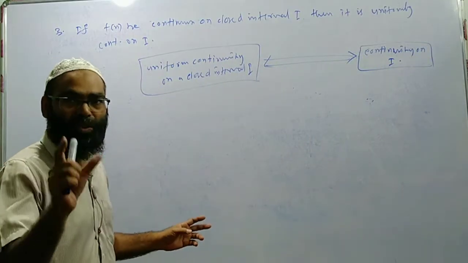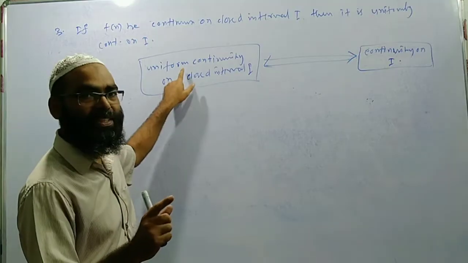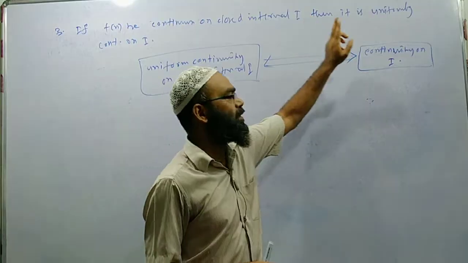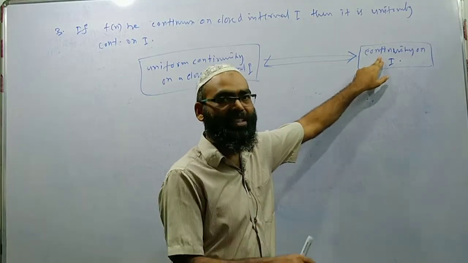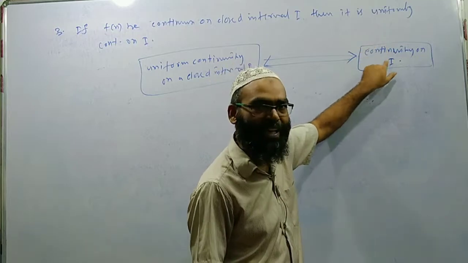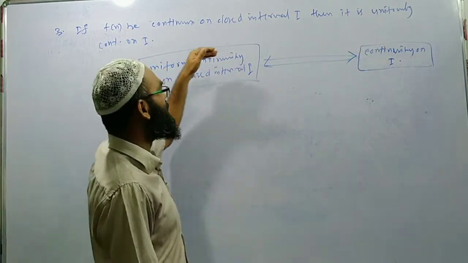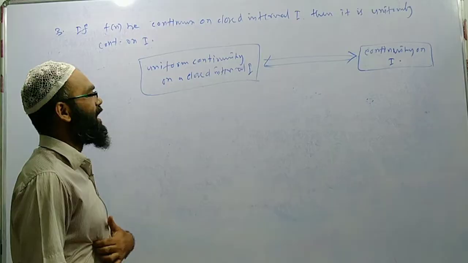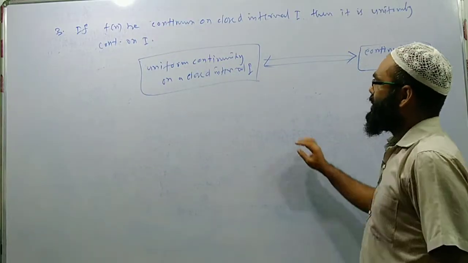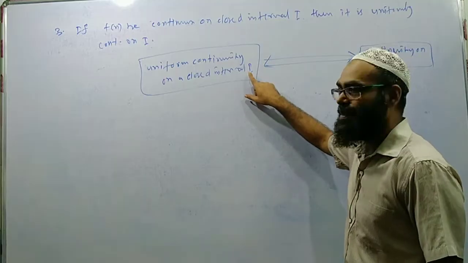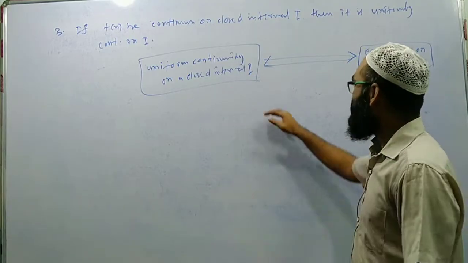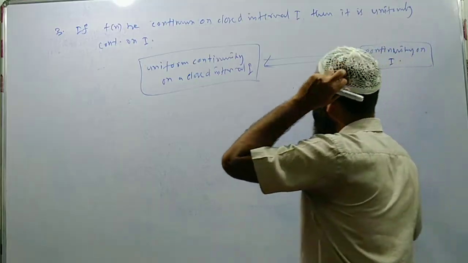If I be closed and if f(x) be uniformly continuous on I, then f(x) is continuous on I, and conversely, if I be a closed interval and f(x) be continuous on I, then f(x) must be uniformly continuous on the closed interval I. But again saying that if I be not closed, then this may not be true.